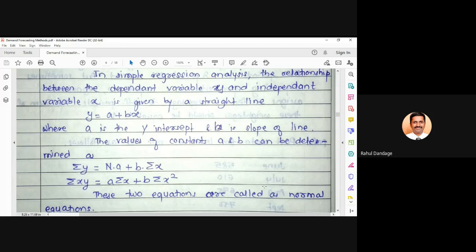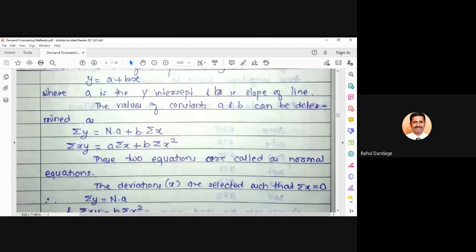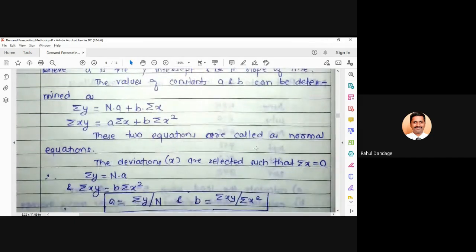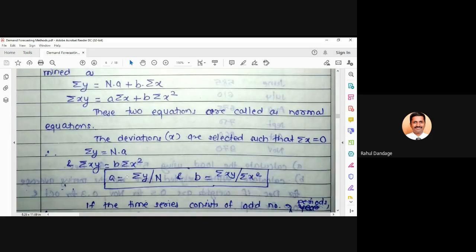These two equations are also called normal equations. If we select the deviations such that summation x is equal to 0, then substituting this in the first equation we get summation y is equal to capital N, the number of periods, multiplied by a. Rearranging, the value of a is equal to summation y divided by n.